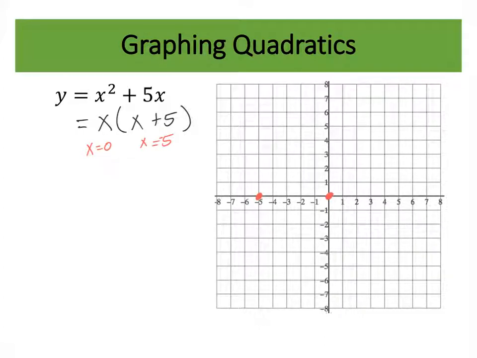Now, to get the line of symmetry, I'm going to do the line of symmetry in green. I just take the average of the x-intercepts. So negative 5 plus 0 divided by 2 is, oh my gosh, negative 5 halves, which is negative 2.5.